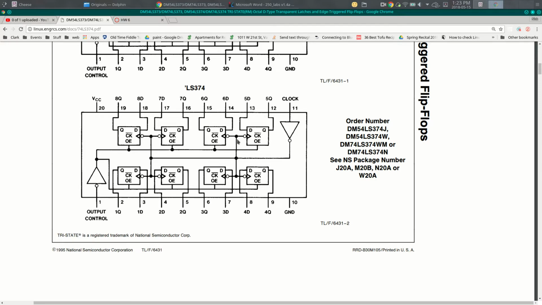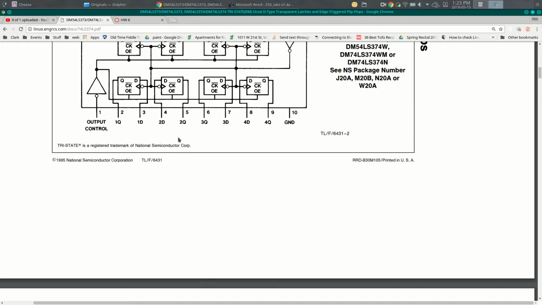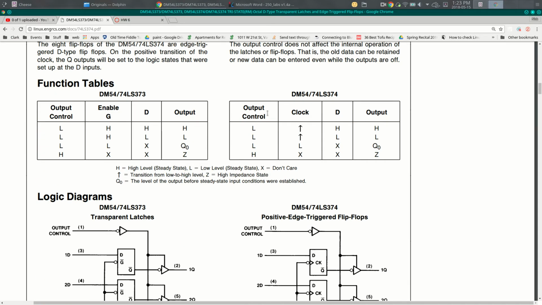And you've got 8 of these flip-flops in here. Okay, so pin 13 goes up to 12, pin 14 goes to 15, D's your input, Q's your output. And there's details in here on how exactly this works. So your output control has got to be low. So that's pin 1, I believe.